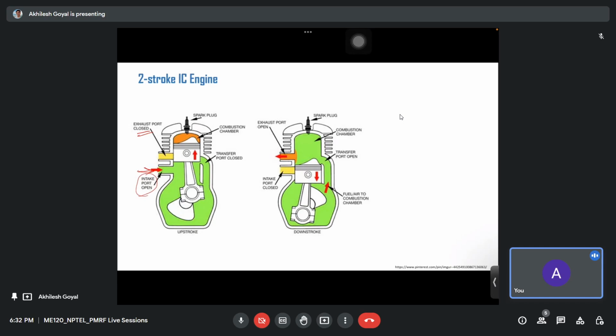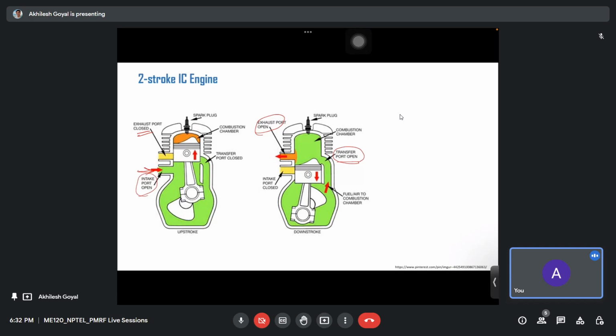At the end of this downward stroke, the exhaust port opens and the combustion gases start moving out, and this transfer port you can see at the right side also opens.